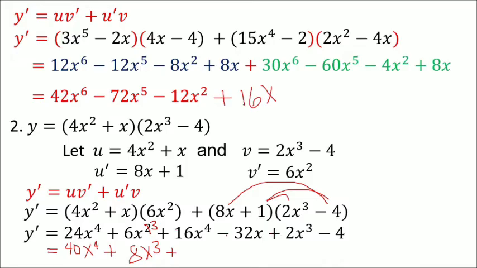So, ibig sabihin ito na yung x na lang, so 32. Okay, this is not plus, kundi minus 32x. And then last yung constant, wala nang kasama, so minus 4. Ayan, sinulat ko na lang class dahil nagmali yung exponent natin dito kanina. So this is the final answer.